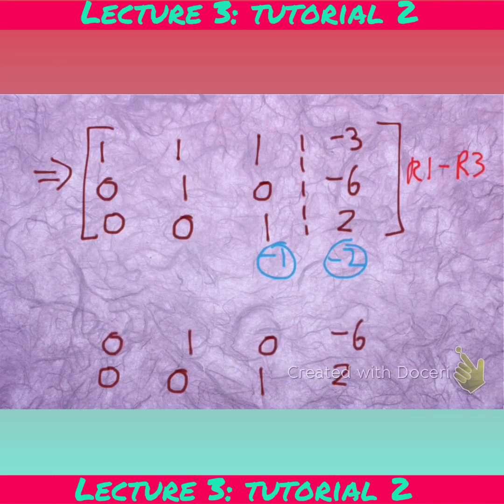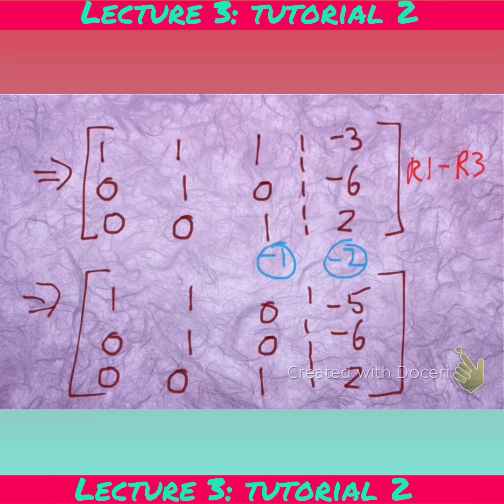That's going to be 0, 1, 0, minus 6, and then the first row is going to change. So the entry in the third column, 1, 1, is going to become 0, and the last column entry is going to become minus 5. And that comes from minus 2, minus 3.